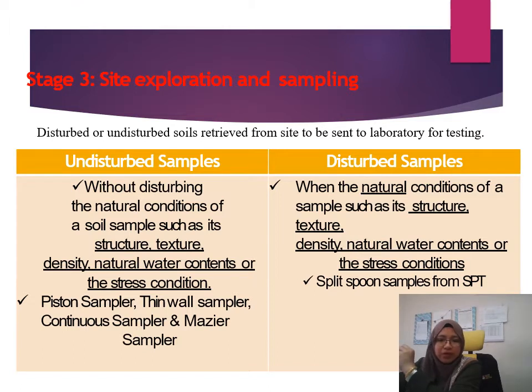For example, for split spoon sampler, the wall of the sampler is very thick. So the friction during the penetration of the sampler into the ground will disturb the soil around the wall of the split spoon sampler. So it will increase the percentage of disturbance.